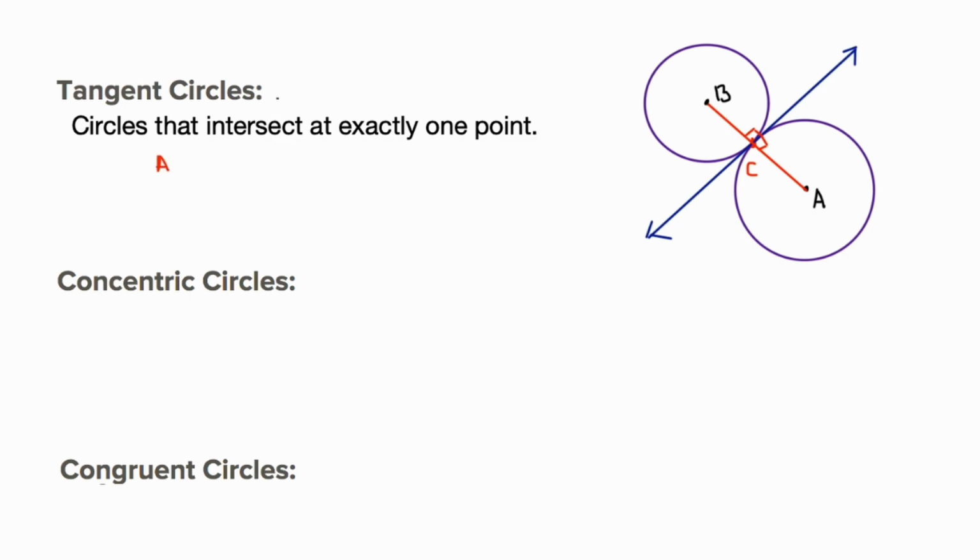When we have this situation, A, B, and C are collinear, and that means they lie on the same line. I'm going to put a point D here, so that means that segment AB is perpendicular to line CD.